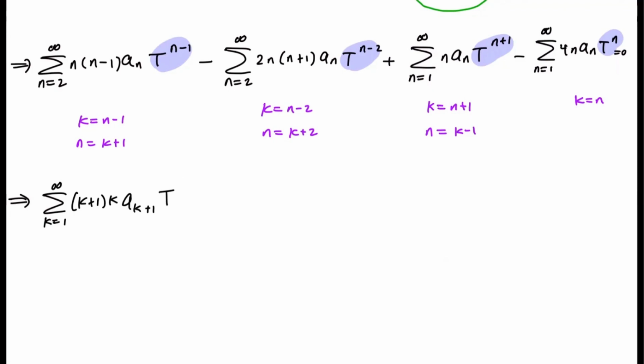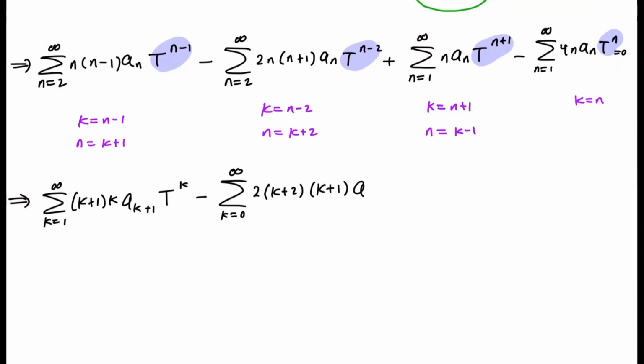All right, wonderful. And then minus the second one, here our k is going to start at 0 to infinity. 2 times n would be k plus 2, since k is n minus 2. And then n plus 1, well, that's going to be k plus 1.